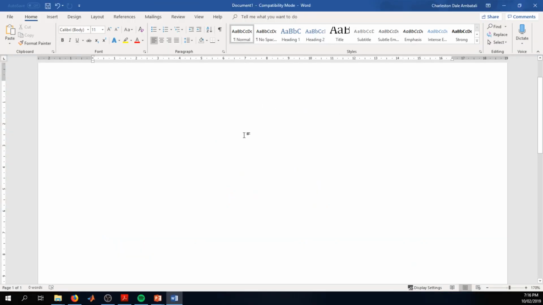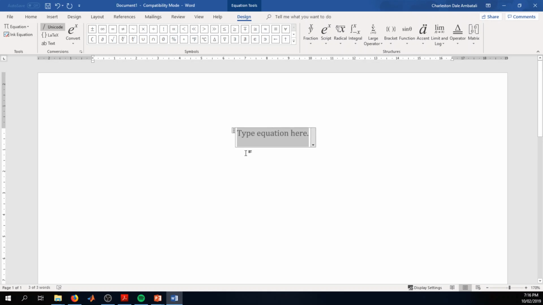Okay, so the definition of del or nabla in the Cartesian coordinate system is basically the change in different components of your vector.